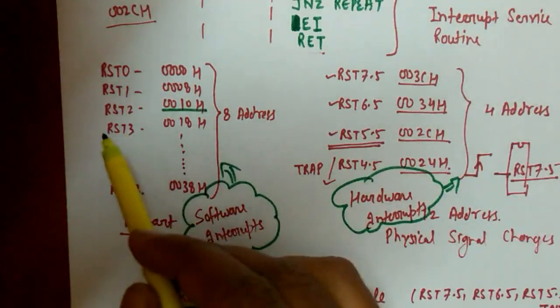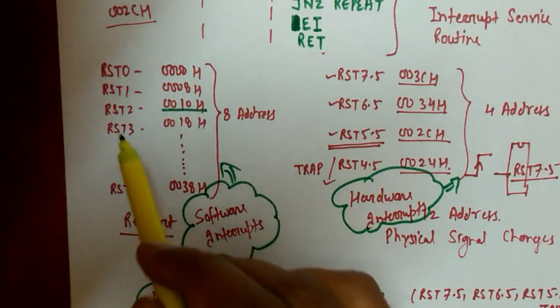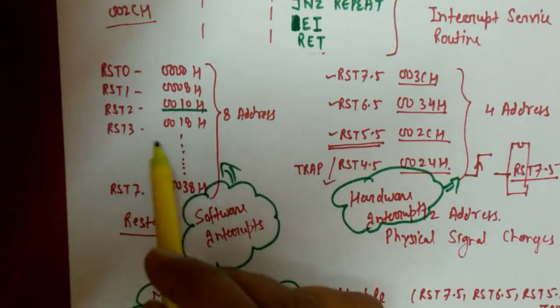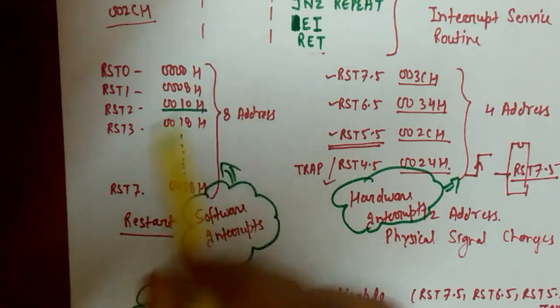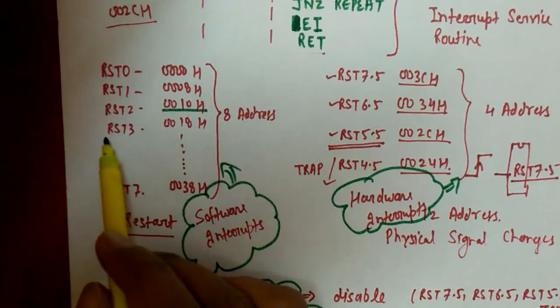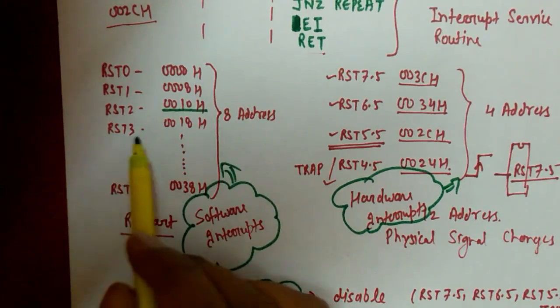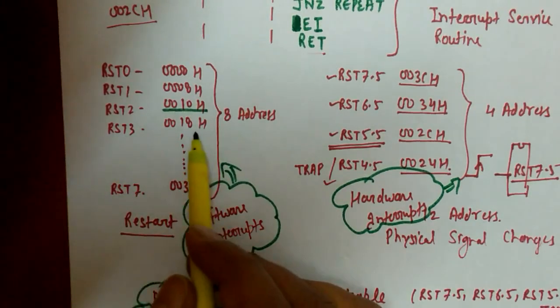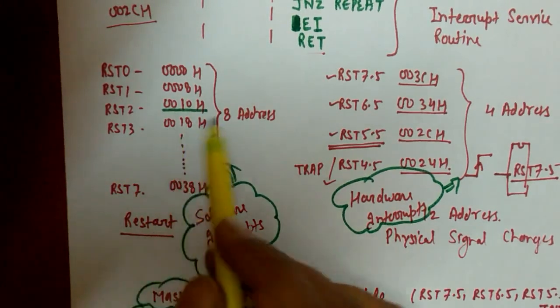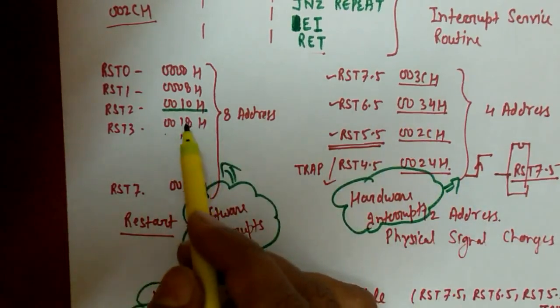Like if you are using RST3, then you are forced to write your service routine at address 0018H, because when the microprocessor runs this instruction, then after running it the microprocessor will jump to 0018H. So that's why you will have to write your service routine at the 0018 address.